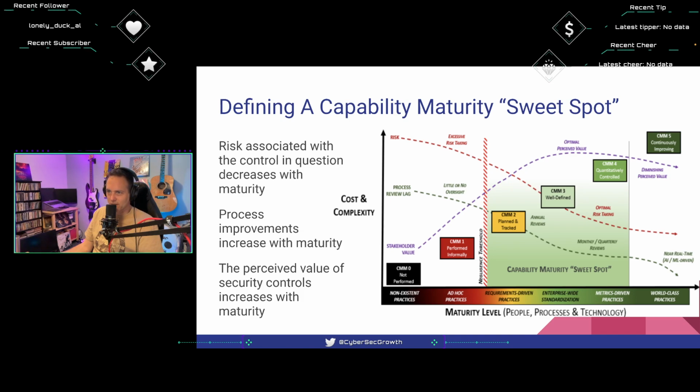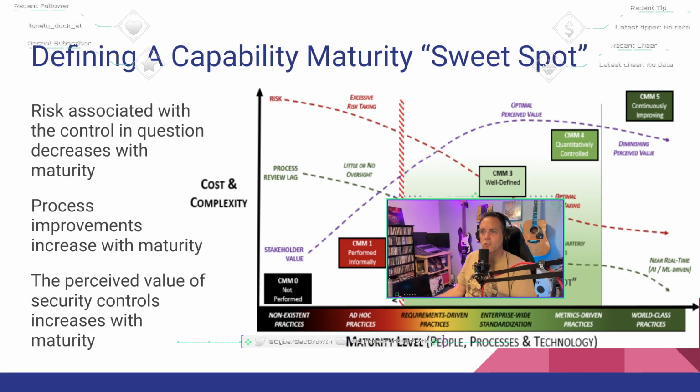Negligence considerations. Without the ability to demonstrate evidence of both due care and due diligence, an organization may be found negligent. In practical terms, the negligence threshold is between CMM1 and CMM2. The reason for this is that CMM2 practices are formalized to the point that documented evidence exists to demonstrate reasonable steps were taken to operate and control.